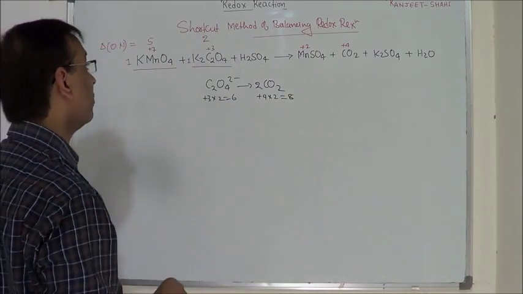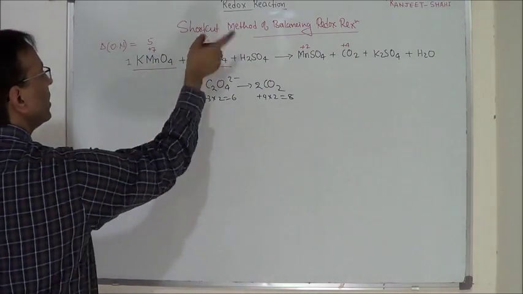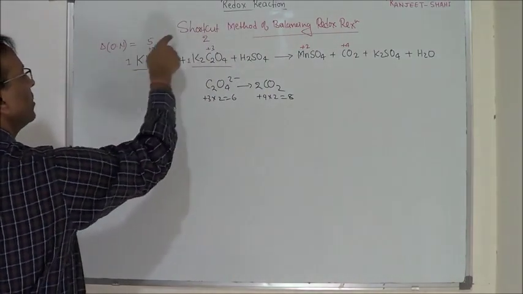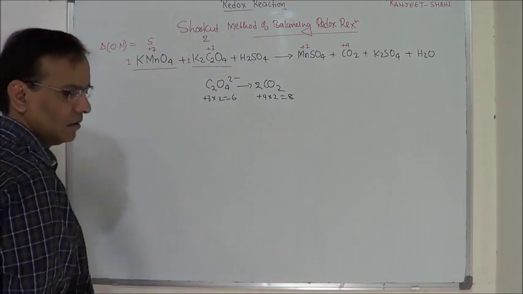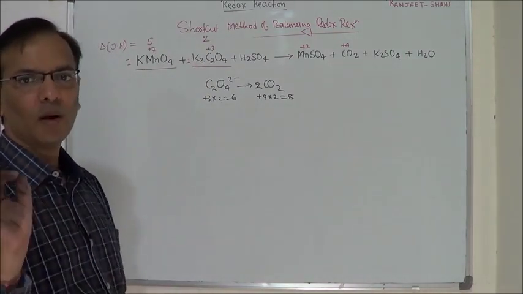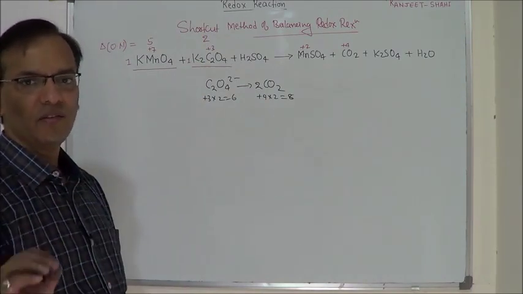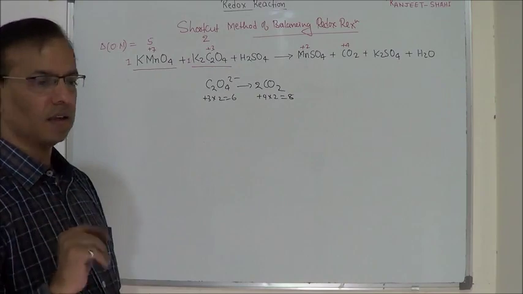Then you just cross multiply by the change in oxidation number per formula unit, which gives you a balanced redox reaction.